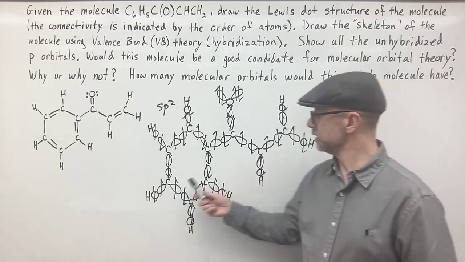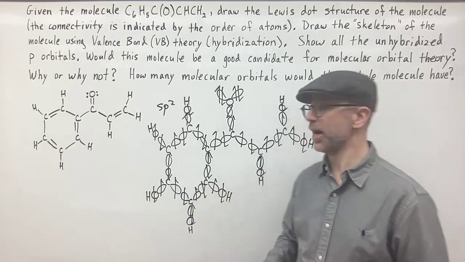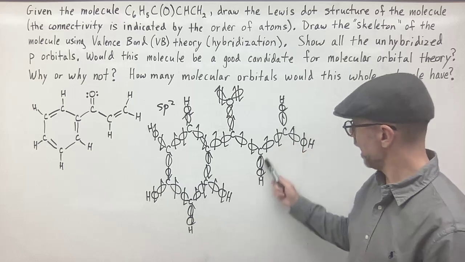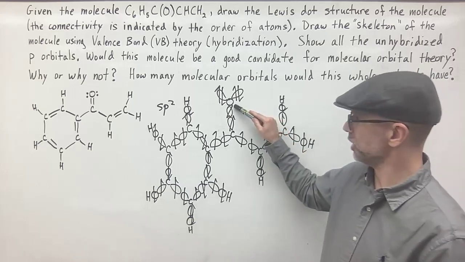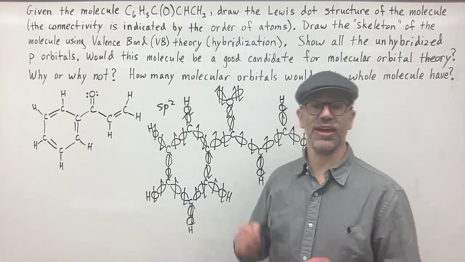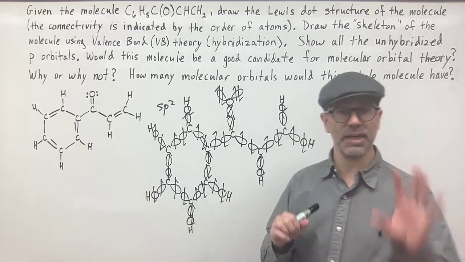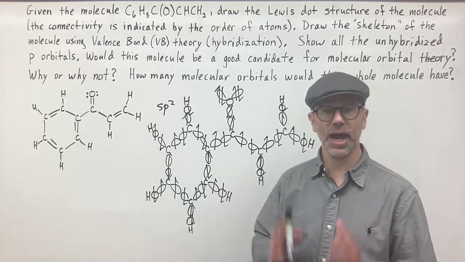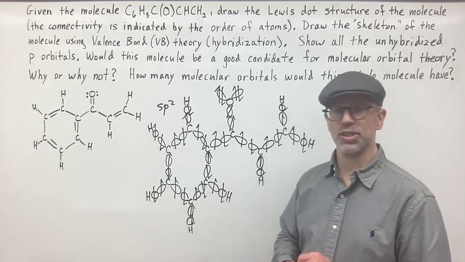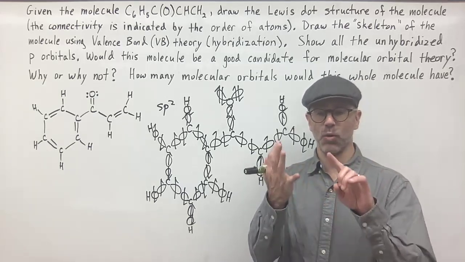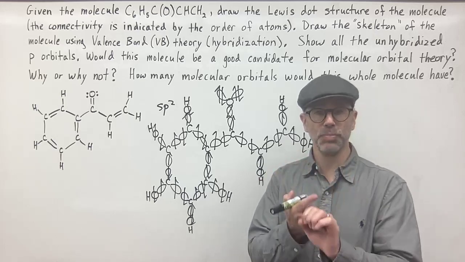Now, since these are all sp2 hybridized, every single carbon and the oxygen are sp2 hybridized, which means that every atom except for hydrogen has an unhybridized p orbital. So remember, to form sp2 hybridization, you take one s and two p's.